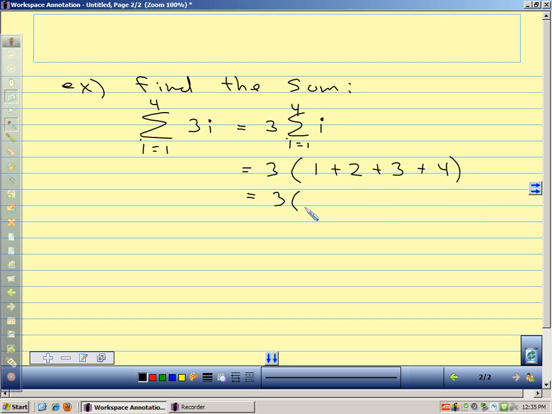This is 3 times 1 plus 2 is 3, plus 3 is 6, plus 4 is 10. So that sum is 30.